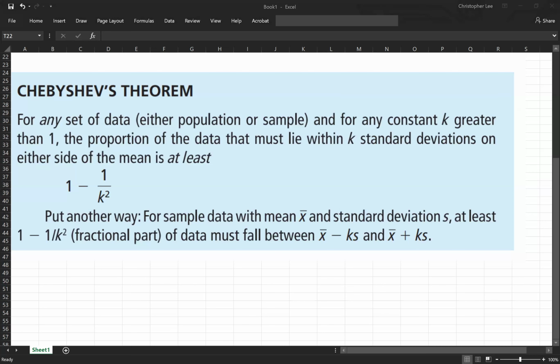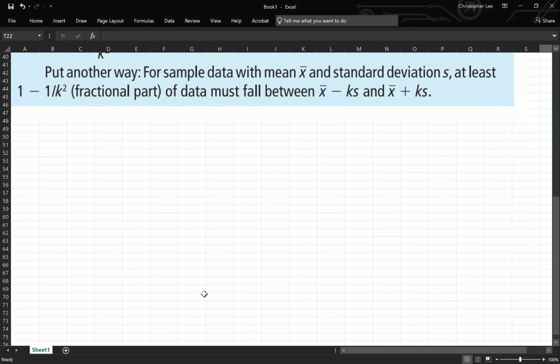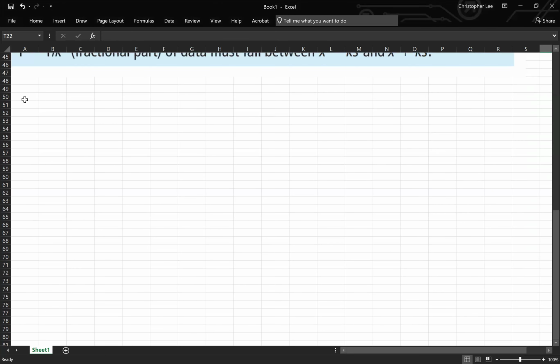Think of k as the general formula for any percentage that I ask you for. If I ask you for something really specific, like 29% of the data or 42% of the data, then you use the k.